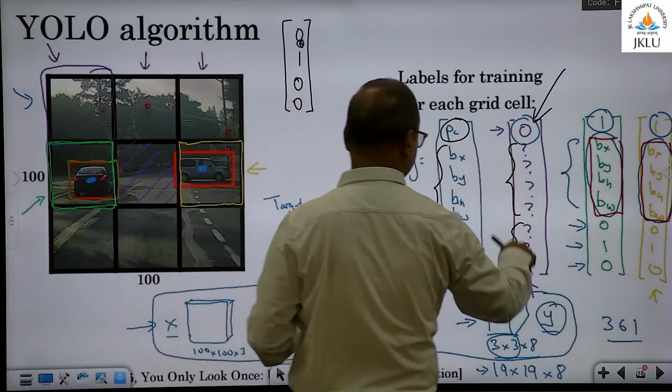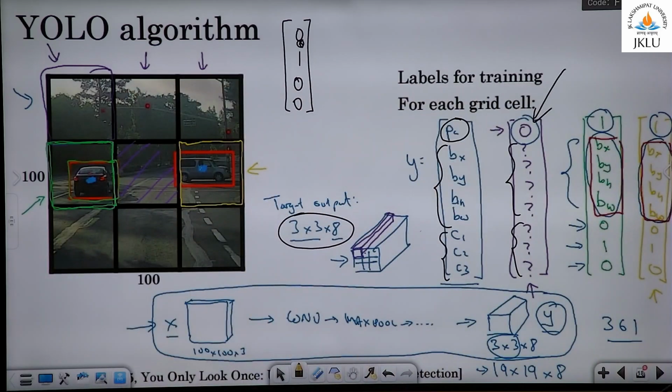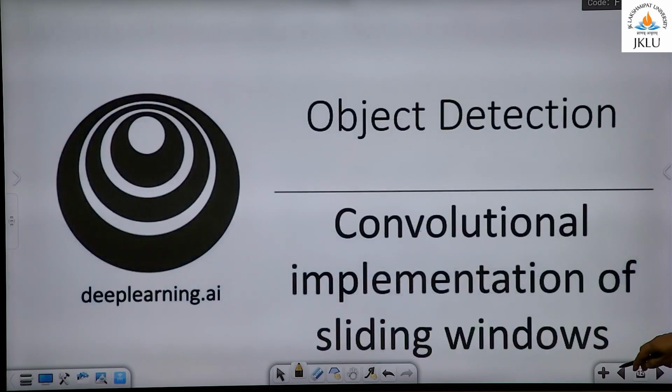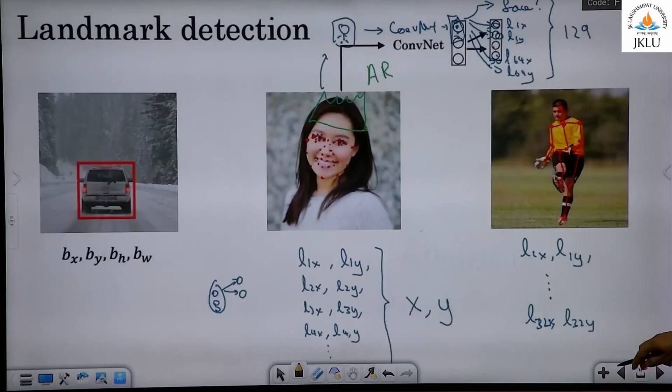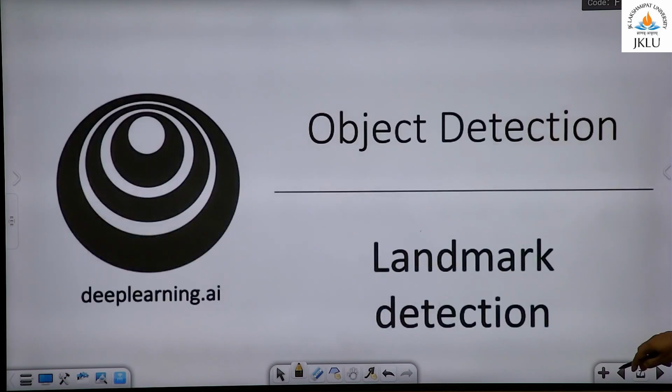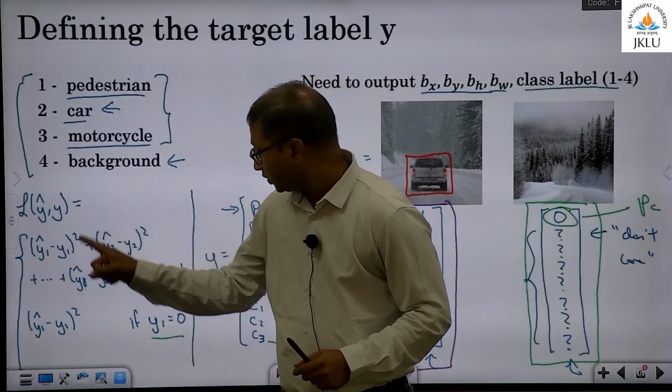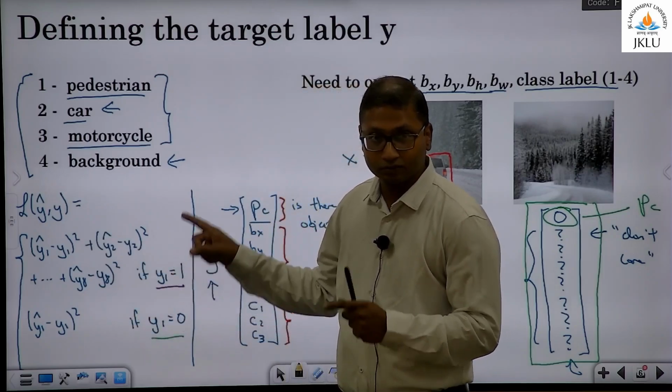Where is this part reflected? It is reflected, if you remember, when we write the loss function, right?